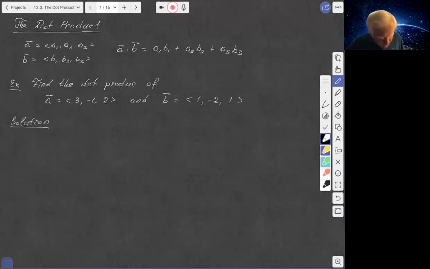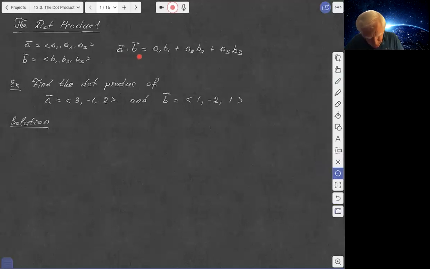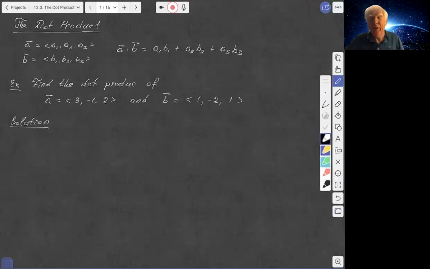Solution. Based on the definition, A dot product with B is A1 B1 plus A2 B2 plus A3 B3. So we need to multiply corresponding components and add the results.